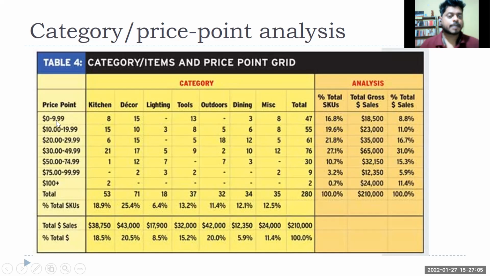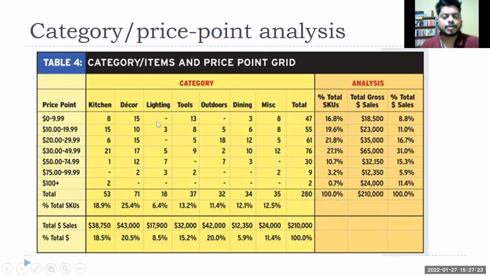Then if I look at price points, that helps me understand who my bigger customers are: premium-end customers, middle income group customers, or lower income group customers, depending upon what kind of items they are buying.